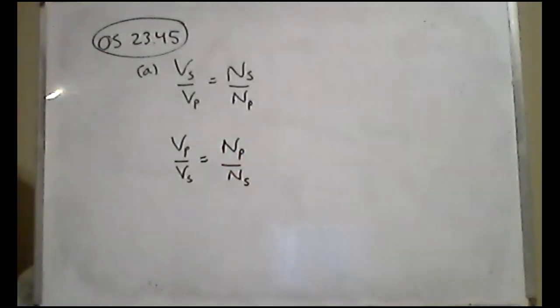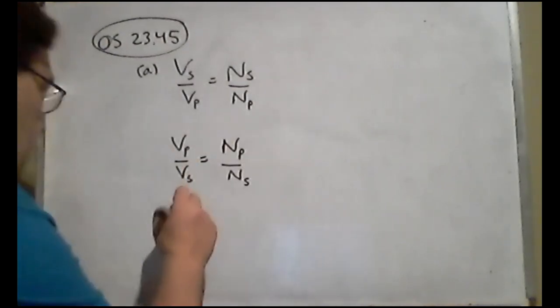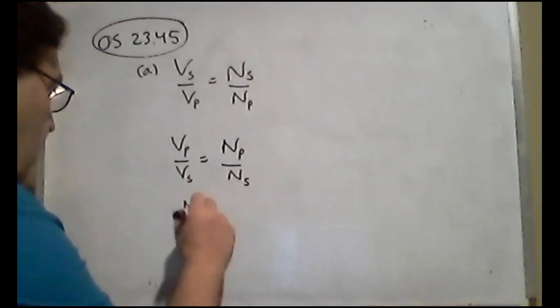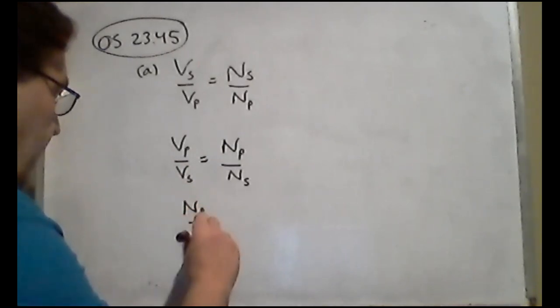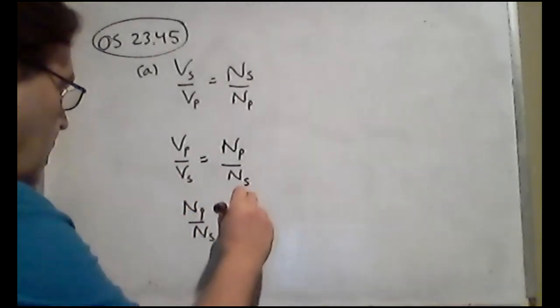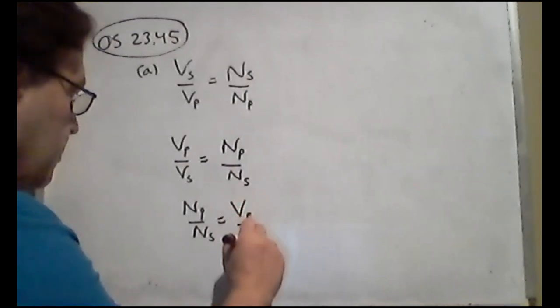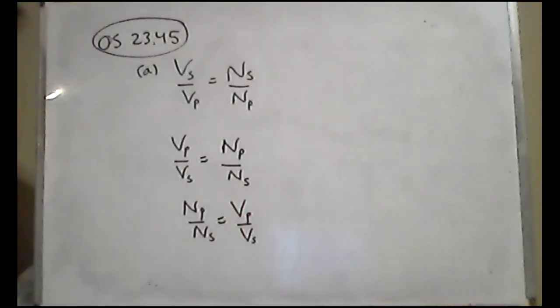All right. And so, what do we know? Make it equal to the number of N sub P over N sub S, on the left-hand side V sub P over V sub S. Well, when she goes to New Zealand, she's going to be plugging her device into a wall in New Zealand.